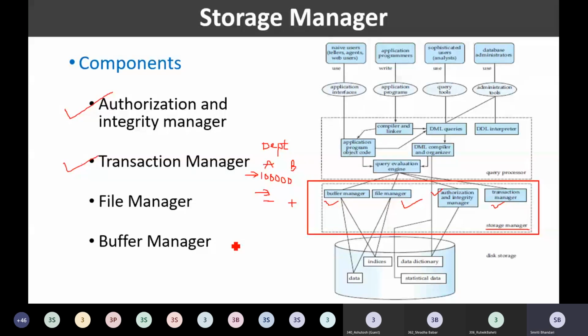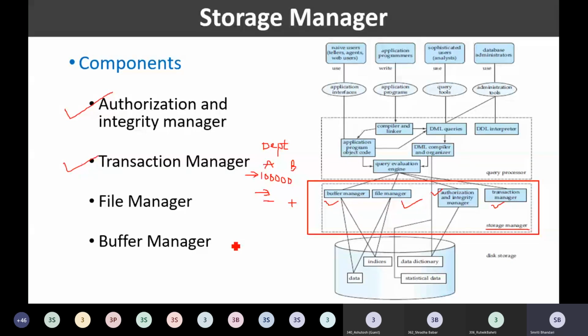So, in this transaction, there are two important steps. I need to decrement the amount from A's account and I need to increment the same amount in B's account.